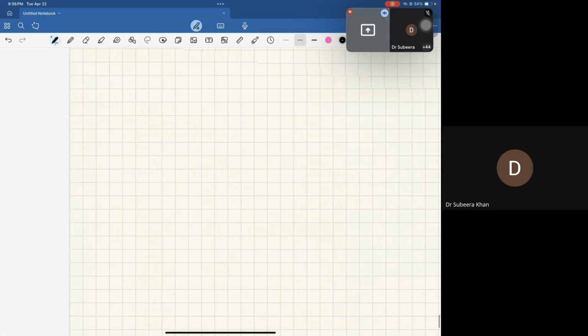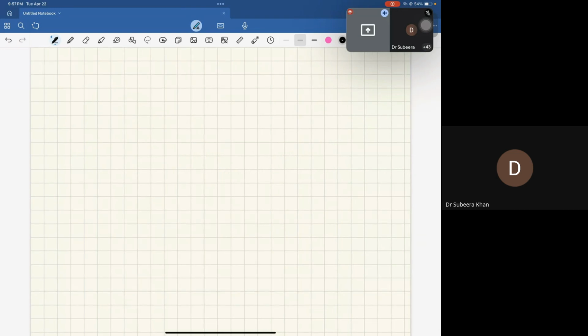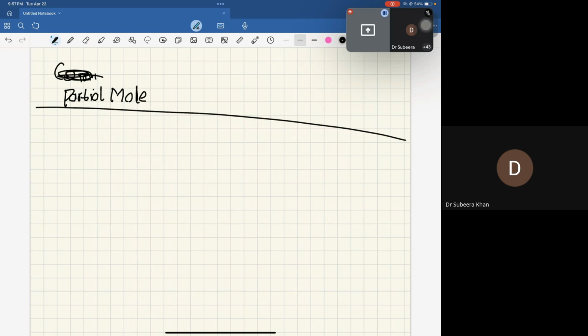So let's first move on to the partial mole. In the case of a partial mole, one ovum is present, and that ovum will have 23 chromosomes, and since it is coming from the mother, it will be an X, X. Plus two sperms will be present.